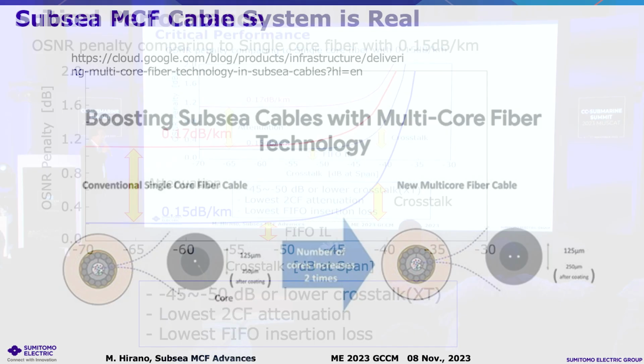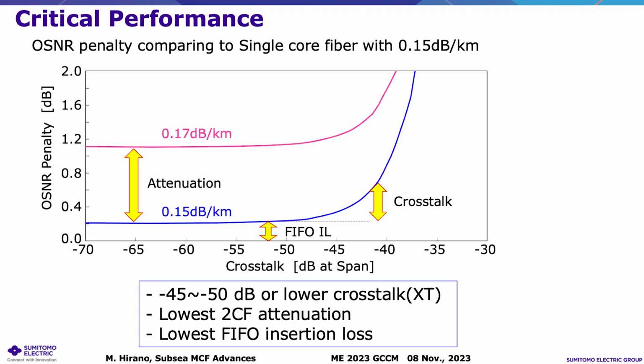Okay, what is our critical performance for the 2 core fiber? Yes, this view graph shows the OSNR penalty as a function of the crosstalk of the 2 core fiber. Yes, crosstalk is a new parameter that appears in the 2 core fiber. It is an interaction of the signals transmitting in each core.